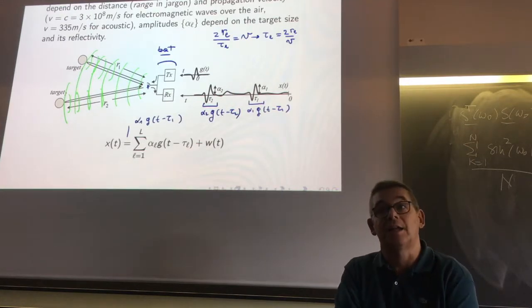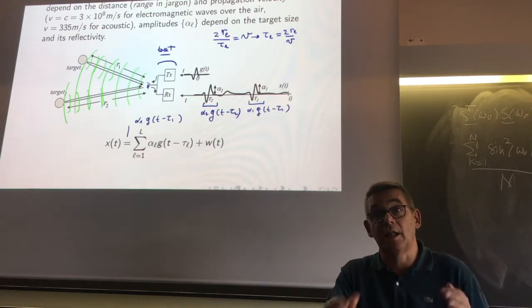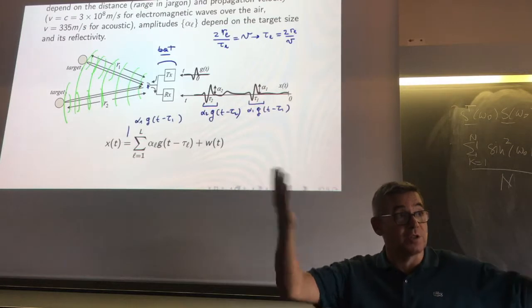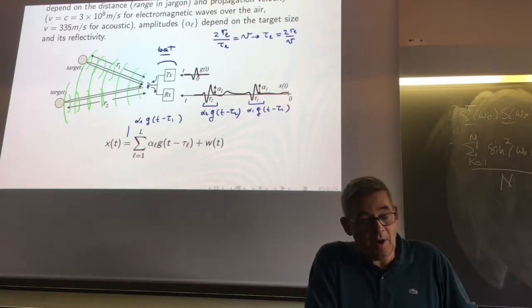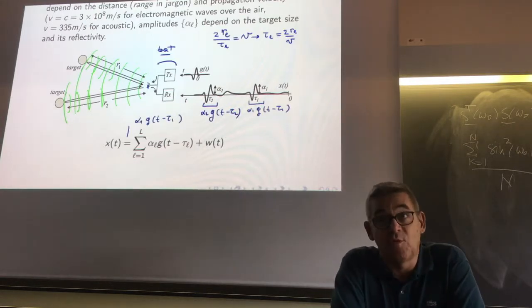Suppose that there are L echoes, like the class in the end, there are many returns, plus noise. Now, how can I write this problem in a matrix form?